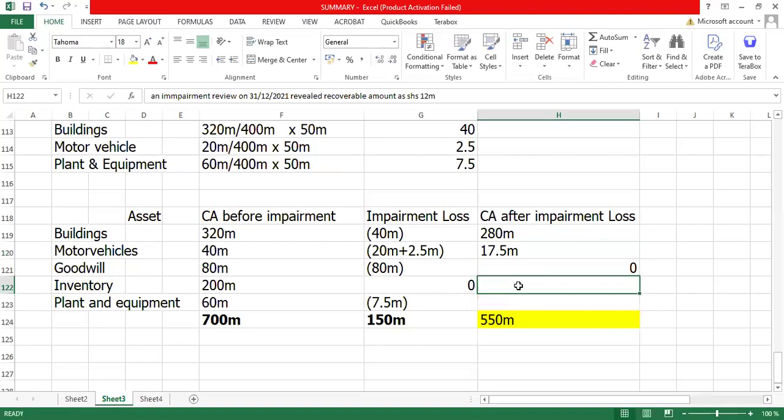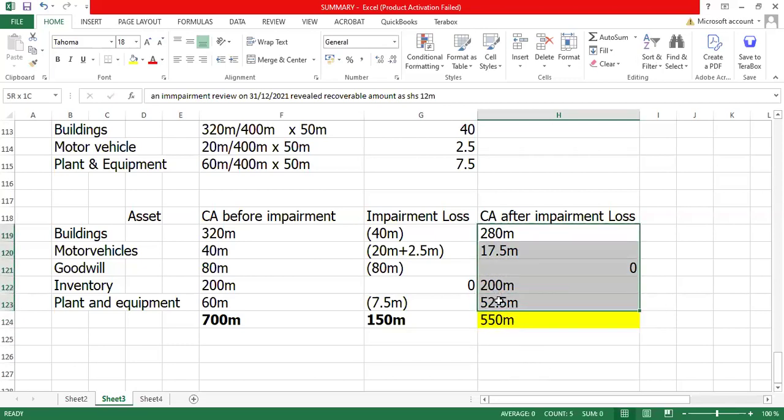Then here 200. Then here when you subtract, when you get 60, that is 52.5 million. Colleagues, when you add these values, do you get this?